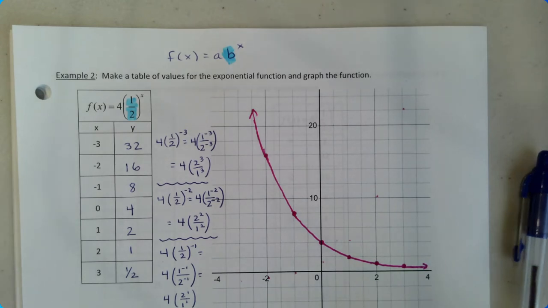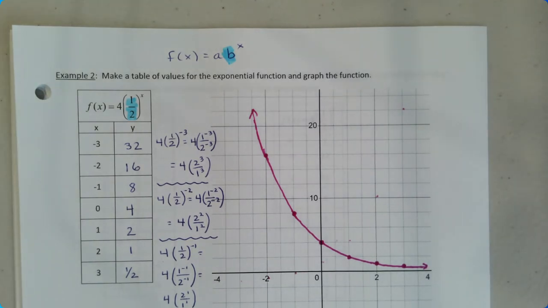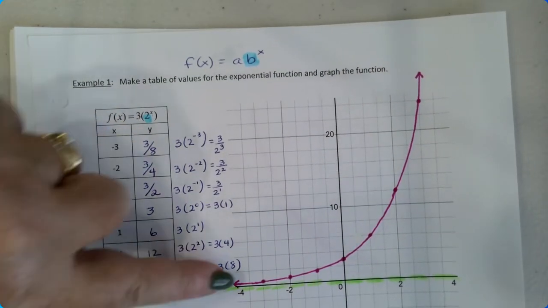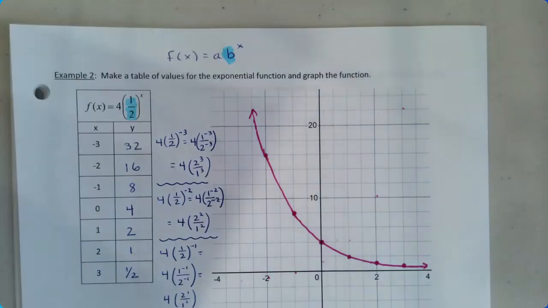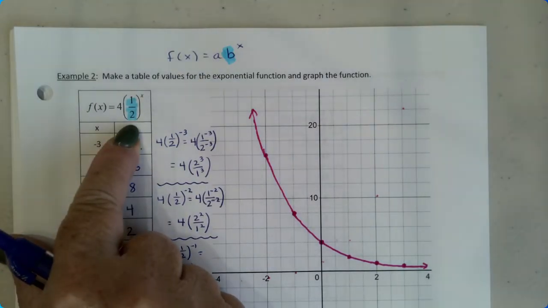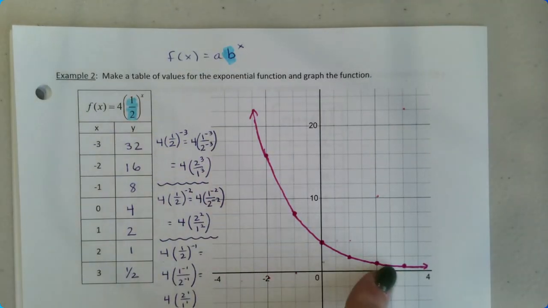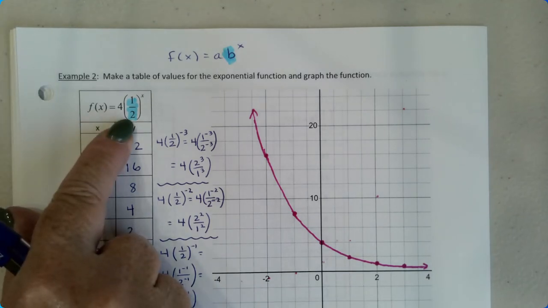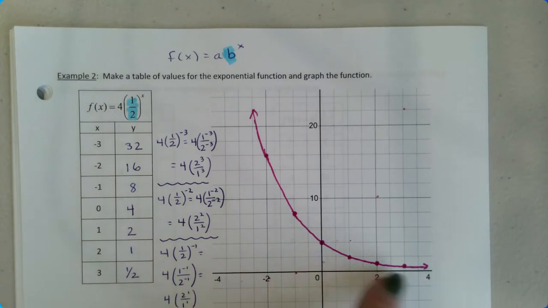Although I know it's just 2 examples, I'm going to tell you that in general, it will always be true that when we have a base larger than 1, we get the growth. And when we get a base smaller than 1, we get decay. Hopefully, again, that makes sense. When you're multiplying by something smaller than 1, your graph keeps getting smaller. When you're multiplying by something bigger than 1, your graph keeps getting bigger.